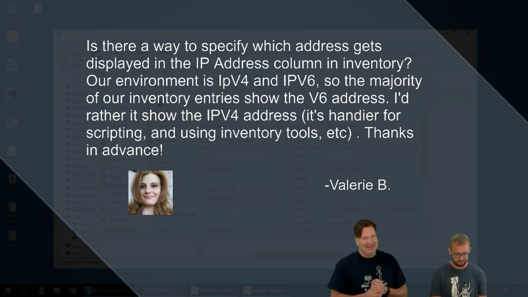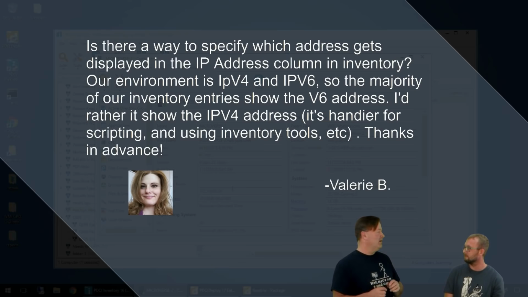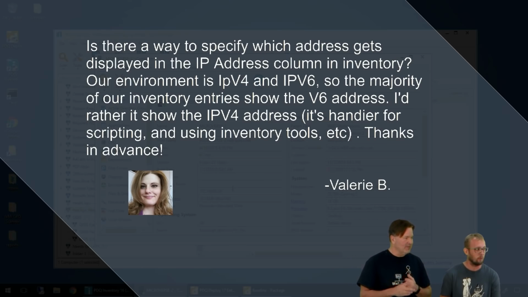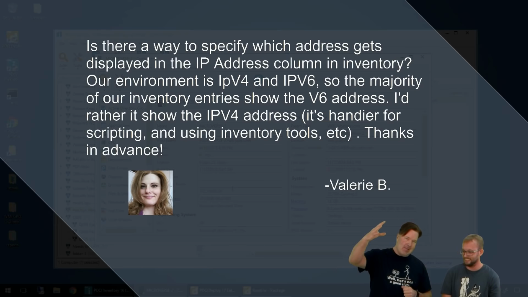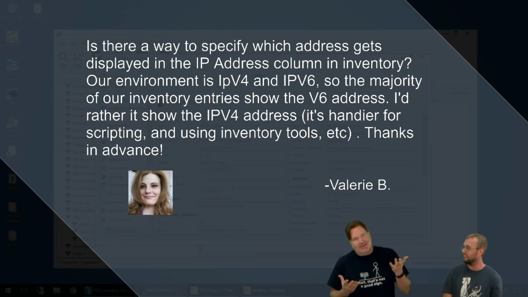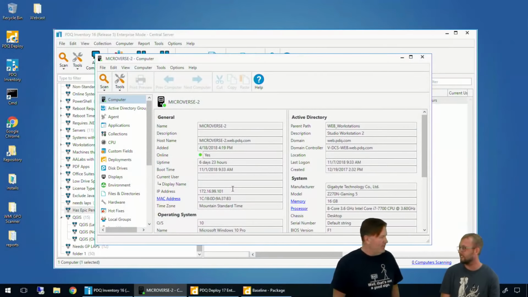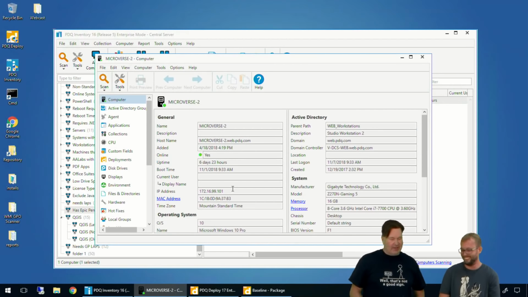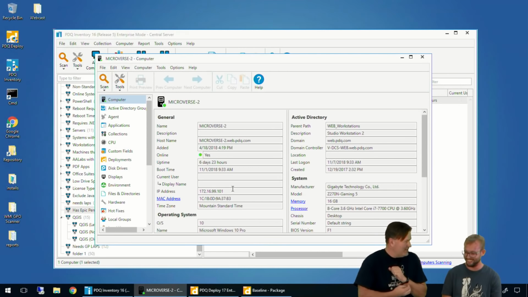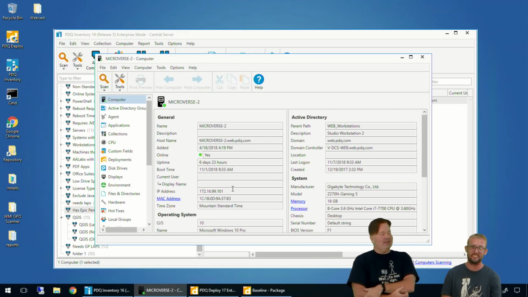But there's a couple ways to go about it. Again, I'm with you. IPv6 is too much to think about, so I just disable IPv6. If it's possible, that's the best way.